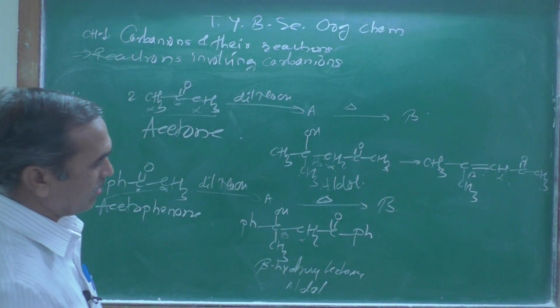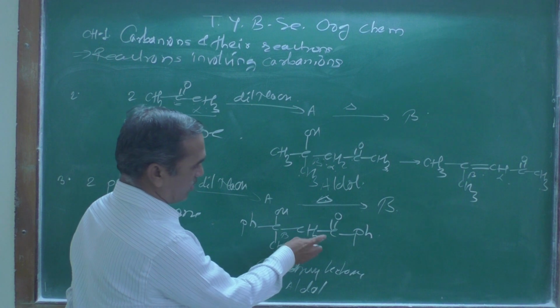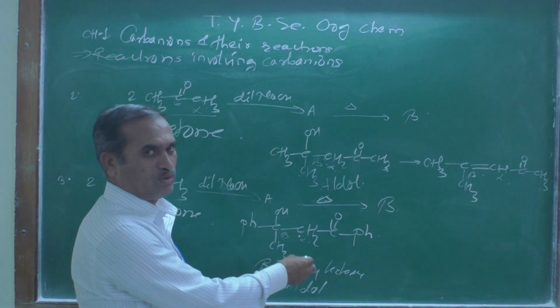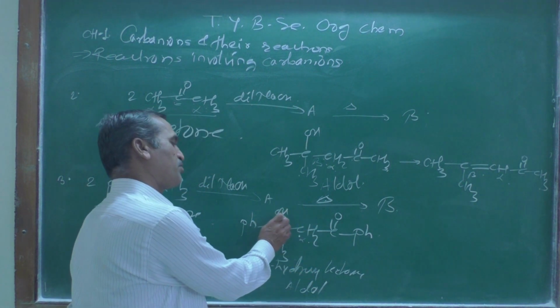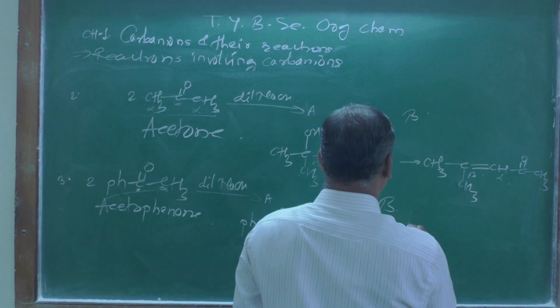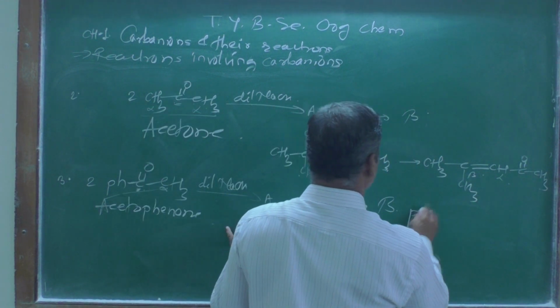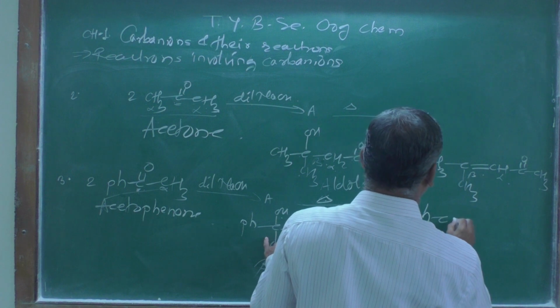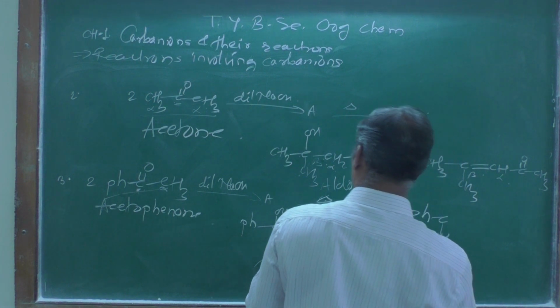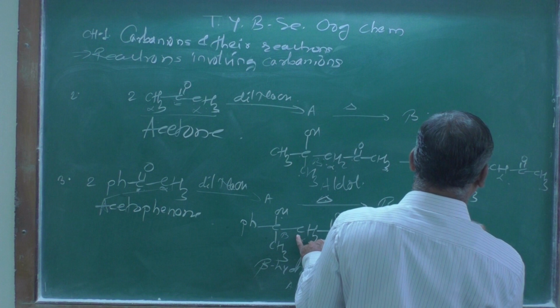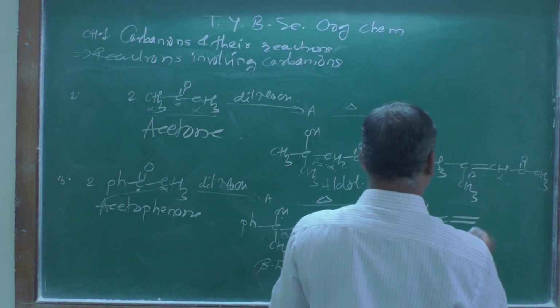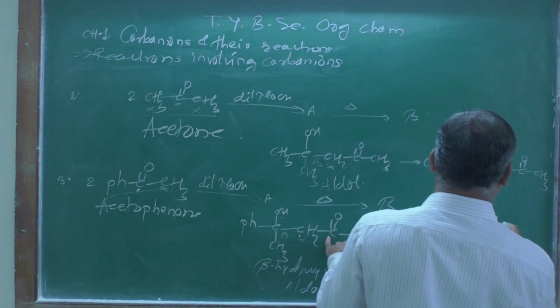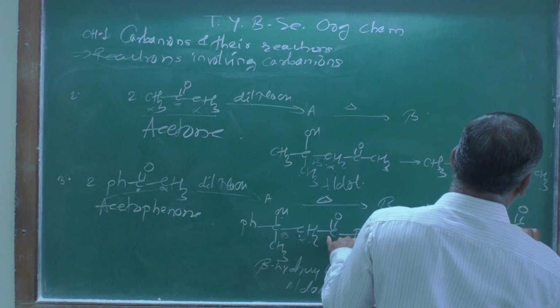Now what would be the B product? Just look here, there are 2 hydrogens, one of them you remove from here and OH from here. What are you going to get? You are going to get pH, then C, the methyl group as it is, and then there is a double bond here, CH, and then C double bond O pH.